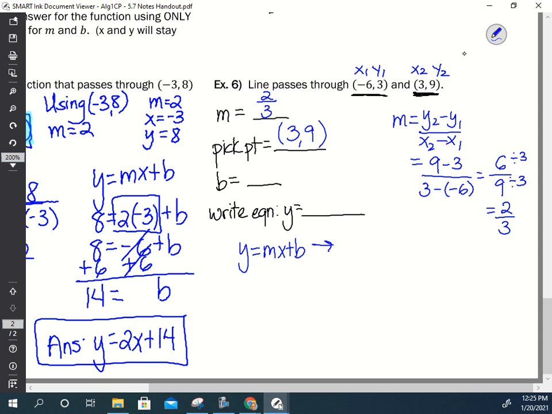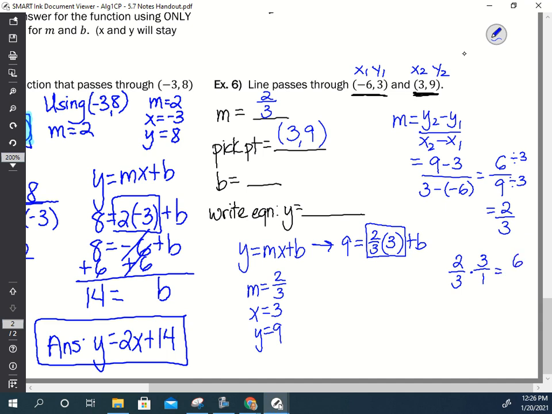That means 9 equals 2/3 times 3 plus b. m is 2/3, x is equal to 3, y equals 9. 2/3 times 3, so that's 2/3 times 3/1. 2 times 3 is 6, 3 times 1 is 3, 6 divided by 3 is 2.